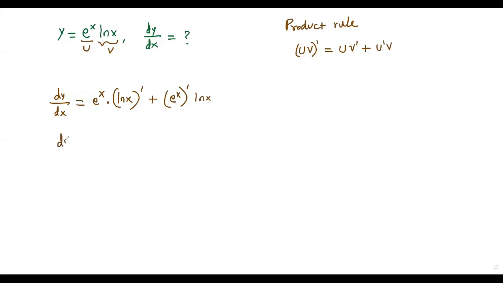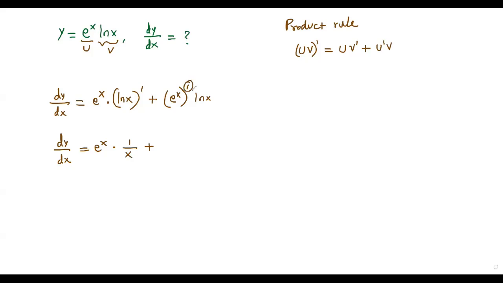So dy over dx equals e to the x power times ln x prime. The prime means we have to find the derivative of this natural logarithm of x. The derivative of ln x is 1 over whatever we have in the argument, so it is 1 over x.